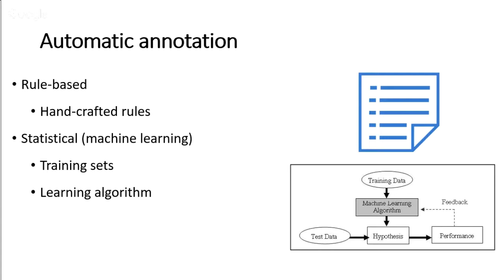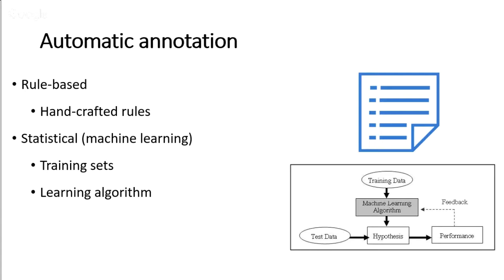But that's the approach that was used at the beginning of the field, and it's now been outperformed by a second type of approach, the so-called statistical annotation, which relies on machine learning. So the idea here is that instead of telling the computer a series of rules to apply, we give the computer a large amount of training data. This is text that we have annotated by hand normally. So the computer will then have the text and the annotation, and with enough data, it will be able to learn the patterns that tend to occur.